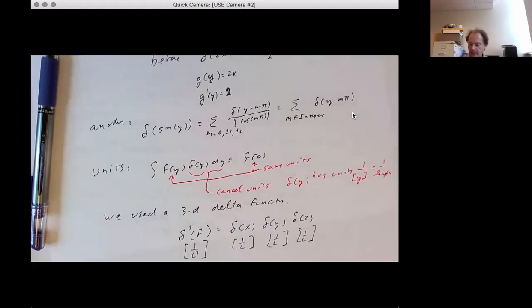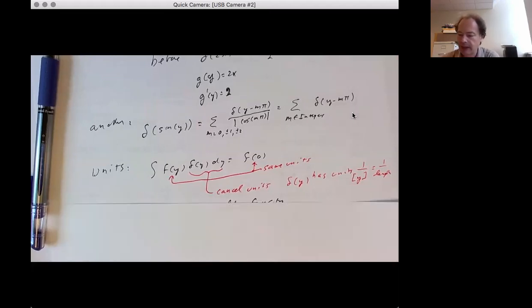So the next step is to get a formula for the 3D delta function in spherical coordinates.